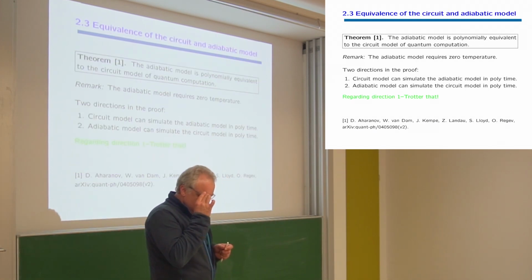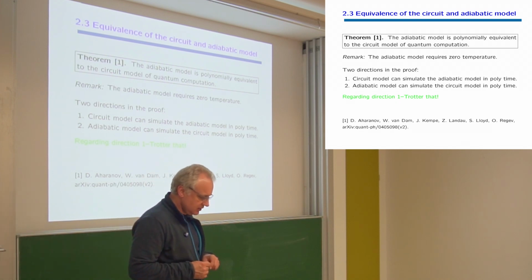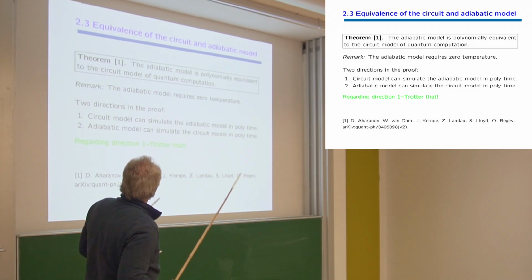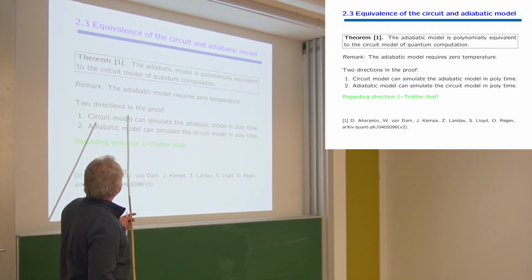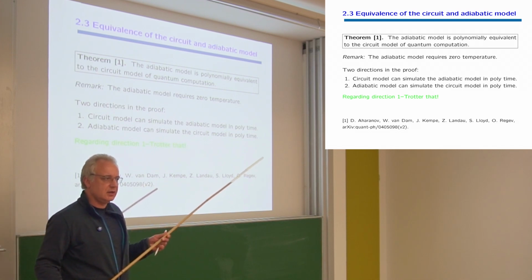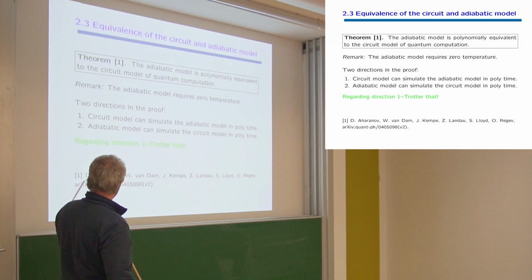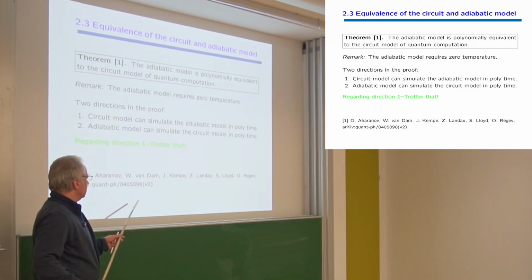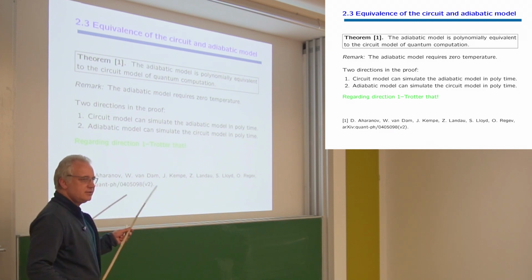There is one final thing that I'd like to discuss about the adiabatic model, and that is its equivalence to the circuit model. So there's a theorem, from that reference. I will not go into too much detail here. I just want to advertise their construction.